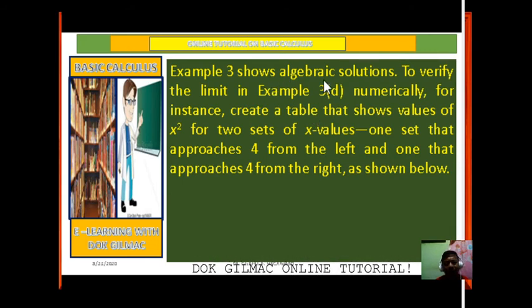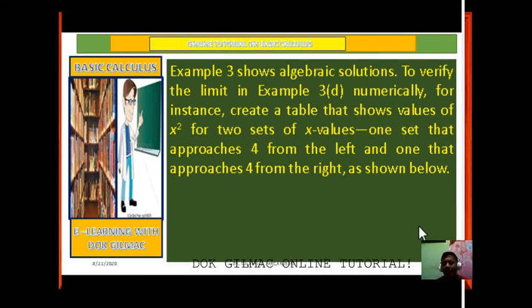Example number 3 shows algebraic solutions. To verify the limit in example 3D numerically, for instance, create a table that shows values of x squared for 2 sets of x values. One set that approaches 4 from the left and one that approaches 4 from the right.